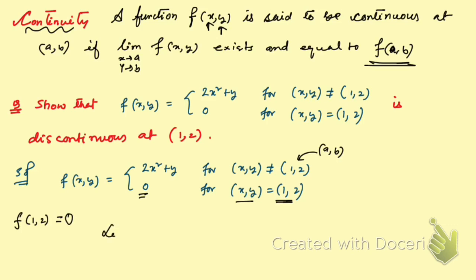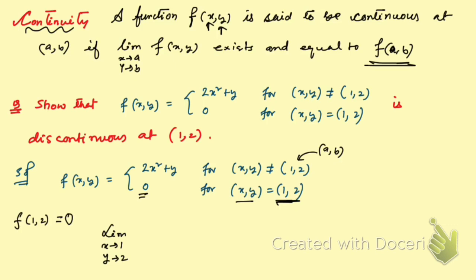Now let us find the limit. Limit x tends to 1 and y tends to 2. Here the point (a, b) is (1, 2), so x tends to a, that is x tends to 1, and y tends to b means y tends to 2. Here x and y are tending towards 1 and 2 respectively, but not equal to 1 and 2.